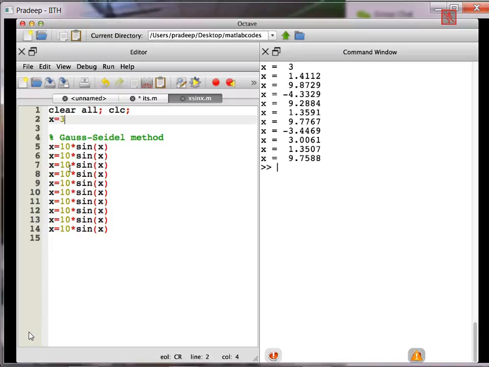So again we are facing a problem. So I think this time the problem is because of this. So the problem might be because of this reason.